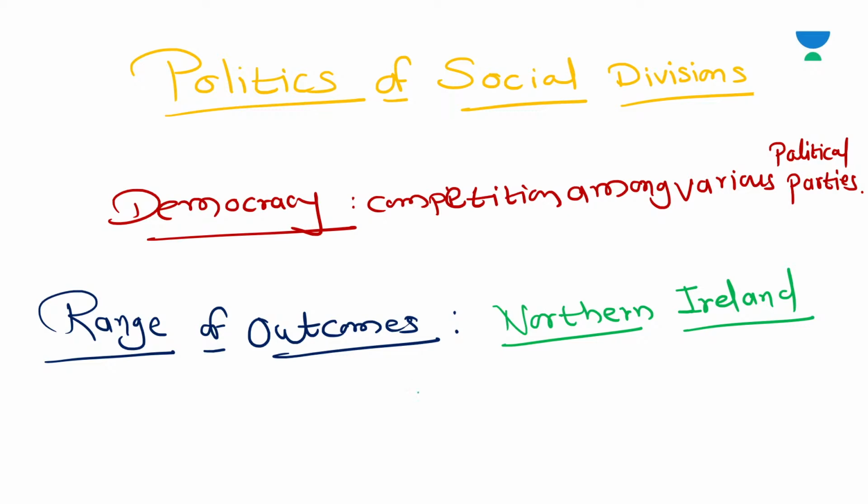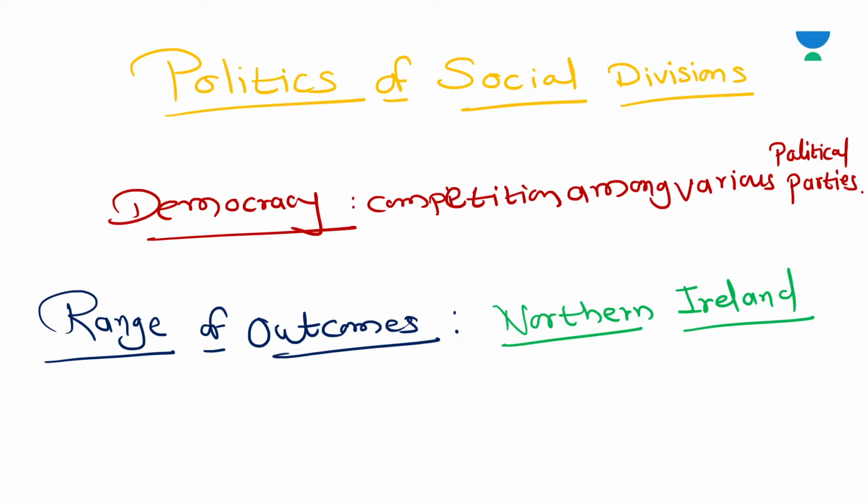Wherever they exist, these divisions are reflected in politics. In a democracy, it is only natural that political parties would talk about these divisions, make different promises to different communities, look after due representation of various communities, and make policies to redress the grievances of the disadvantaged communities.